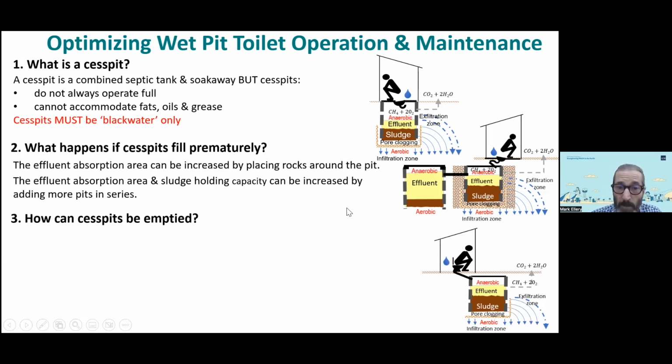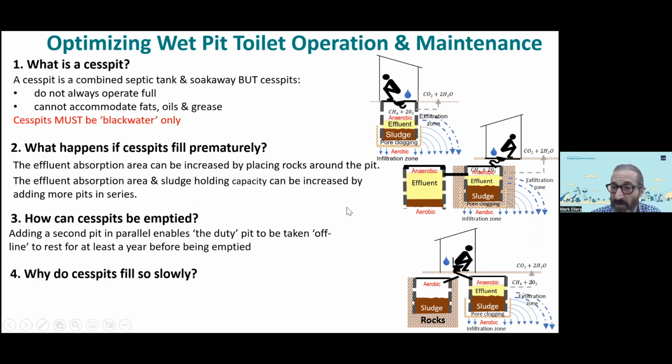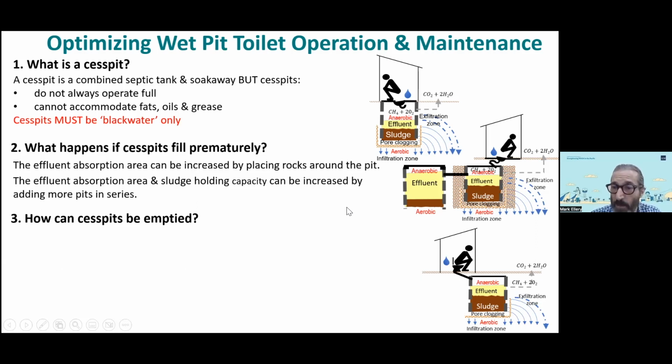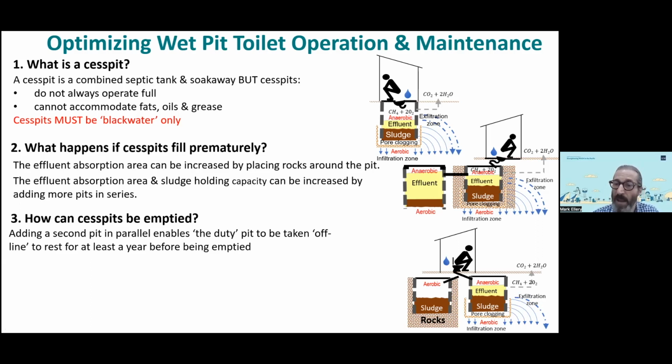When cesspits fill up, one option is to take that one offline and bring a second one online. This enables the aerobic bacteria to enter into the pit and to neutralize the pathogens. And so we're able then to dig out that pit safely.